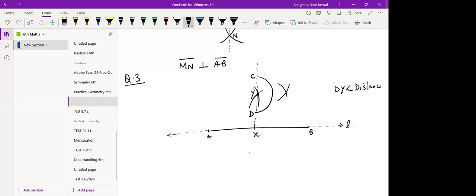The compass measurement has to be kept the same. Done, ma'am.